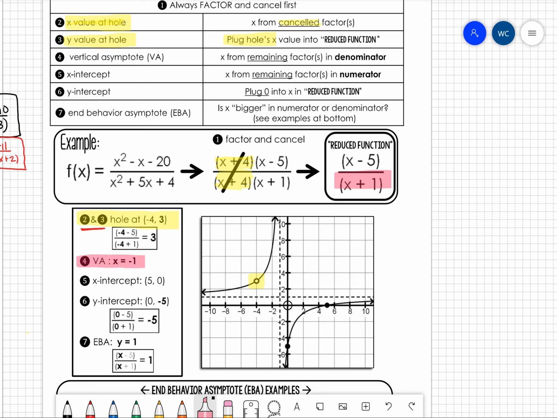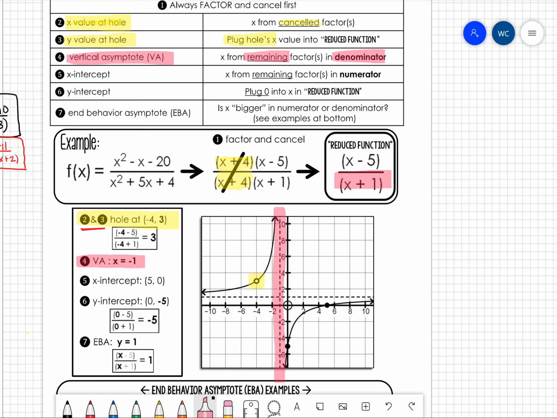That literally means you're going to create a vertical dotted line on your graph. It is basically a barrier, meaning your graph is not going to pass that value on either side. So the vertical asymptote is the remaining denominator.